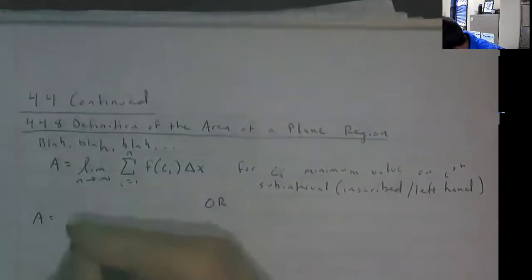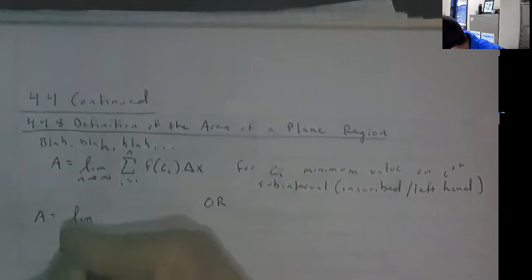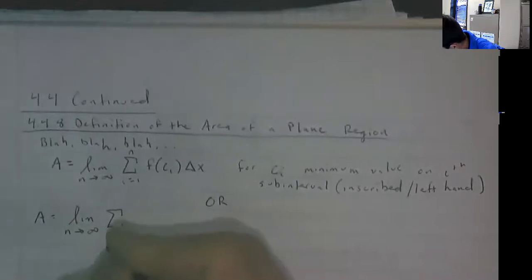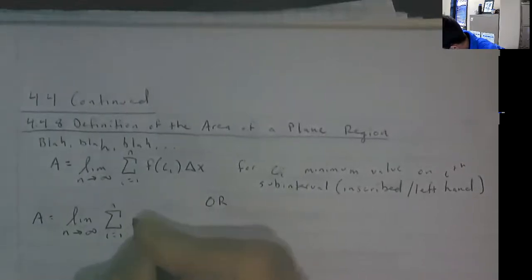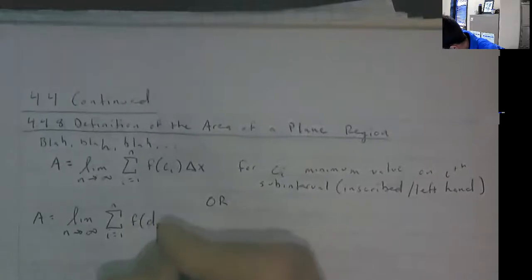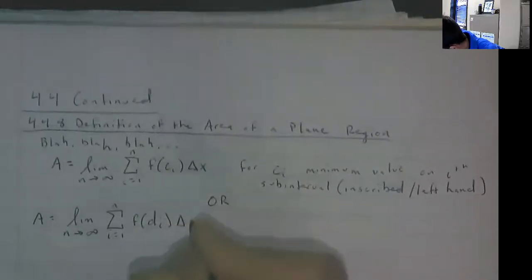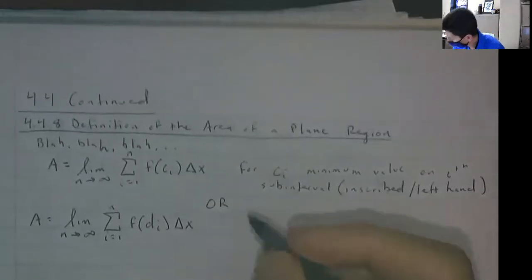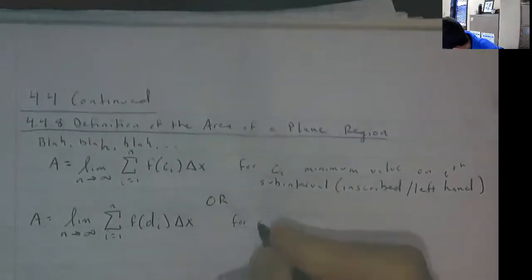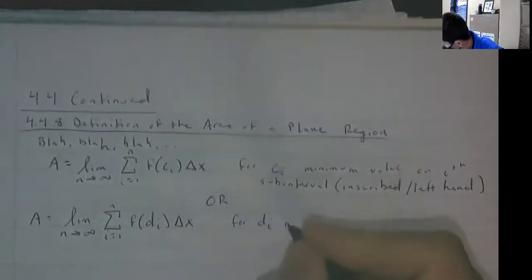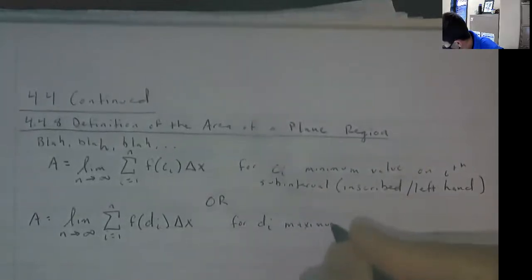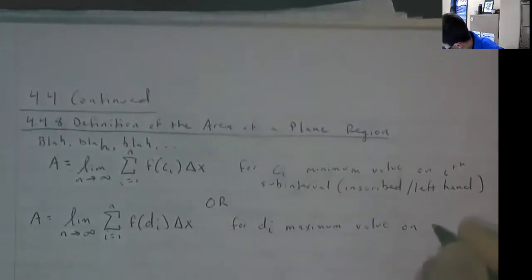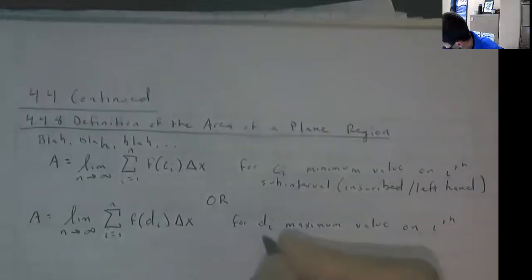Or we can define A to look like the limit as n approaches infinity, same sum from 1 to n of f of, call it d sub i, times delta x. But in this definition, we would allow d sub i to be the maximum value on the ith subinterval.